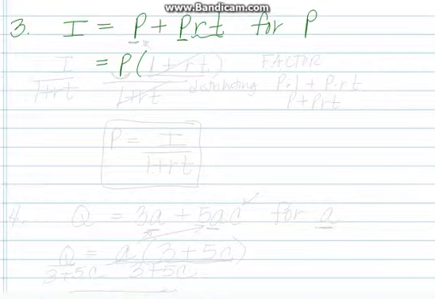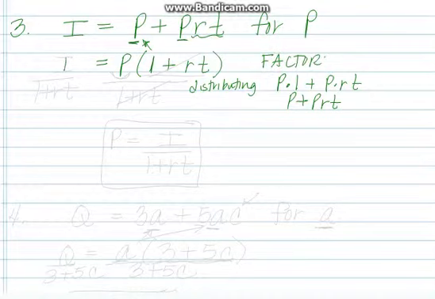So P times 1 would get us that P. And then P times RT would get us PRT. So if you think about distributing, just to double check what's going on, we would do P times the 1 plus P times the RT, which gets us P plus PRT. So really we're just undistributing or factoring.